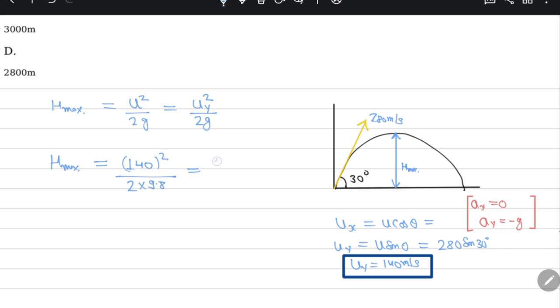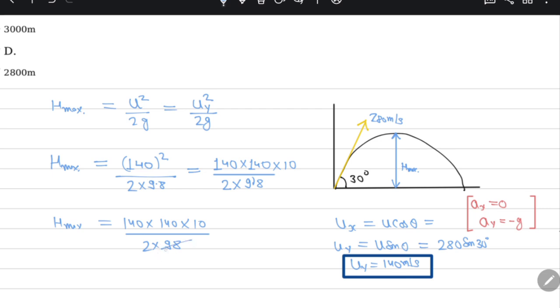So that is 140 into 140 divided by 2 into 9.8. If I take the decimal point out, 10 comes out. So I have to do the calculation: 140 into 140 into 10, and then 2 into 98.